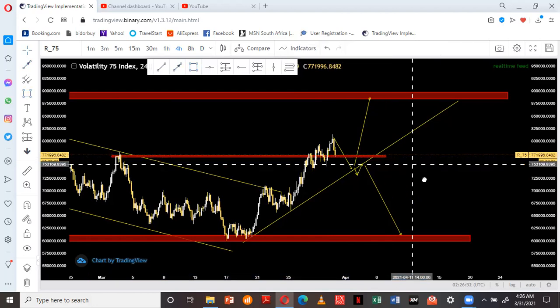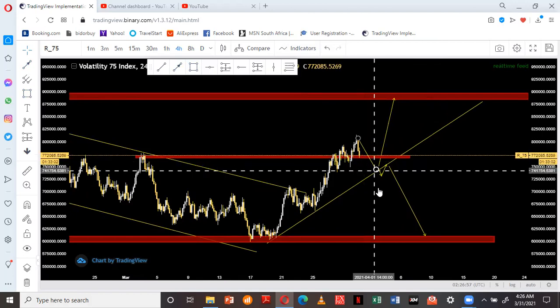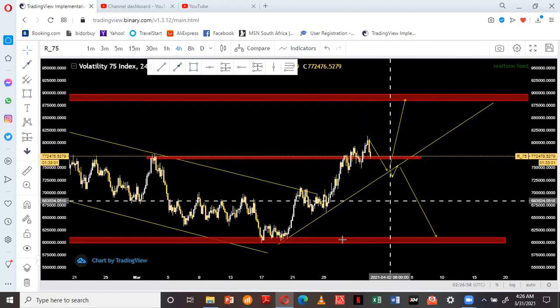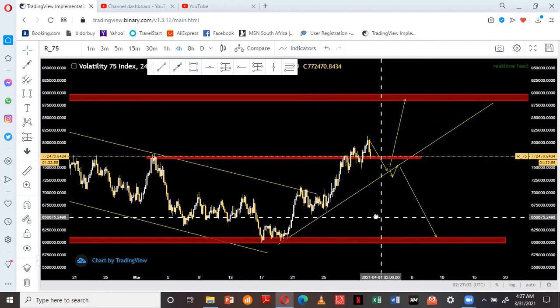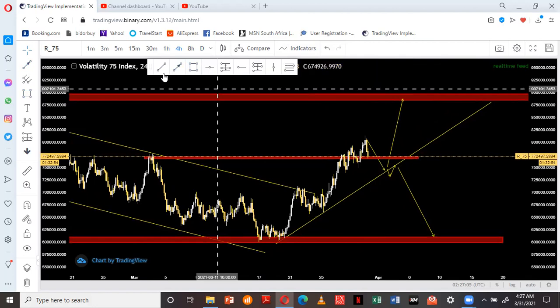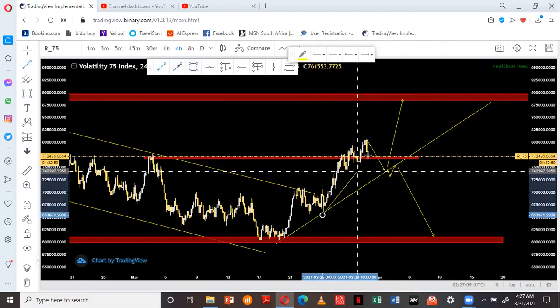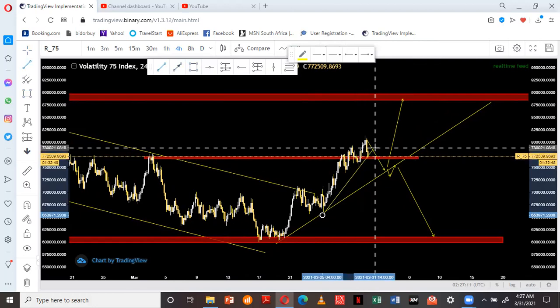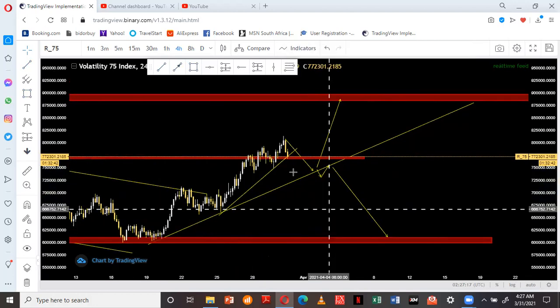That's the only reason why price is struggling to come here. Now, if it's like this, you don't have to make decisions of entering, unless you are using indicators, which can be wrong many of the times. But if it's like this, you need to relax and wait for it to come there.